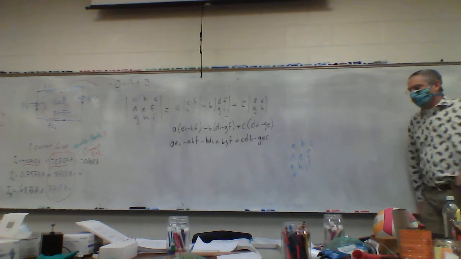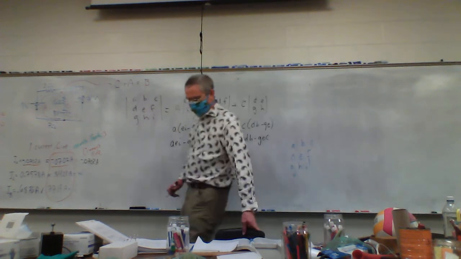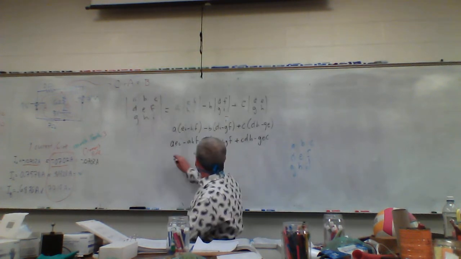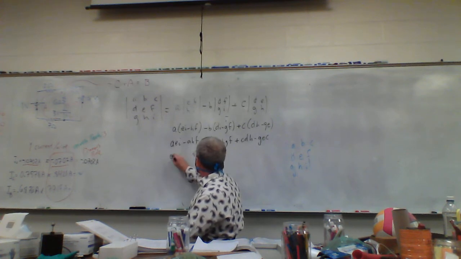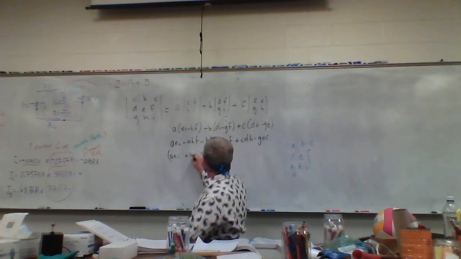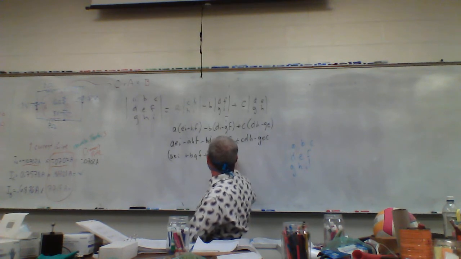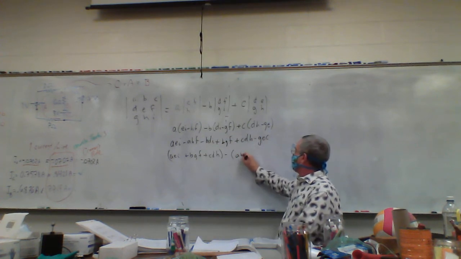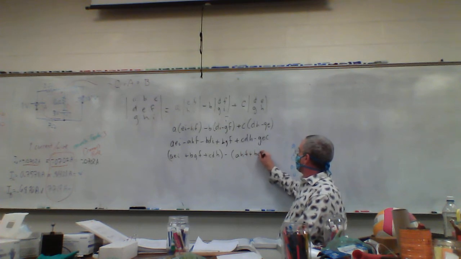I'm going to get the positives together because of what I'm showing here. So I have AEI plus BGF plus CDH minus AHF plus BDI plus GEC.